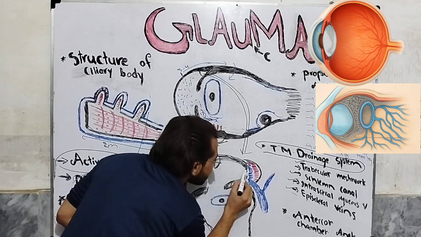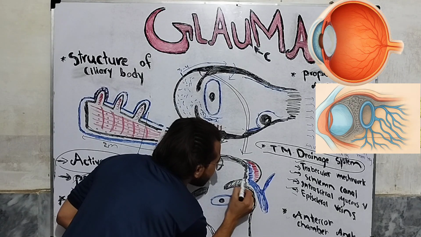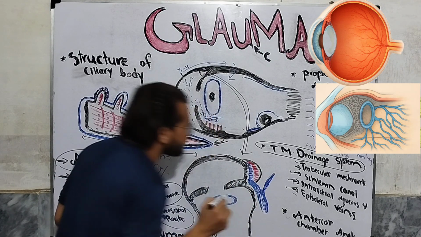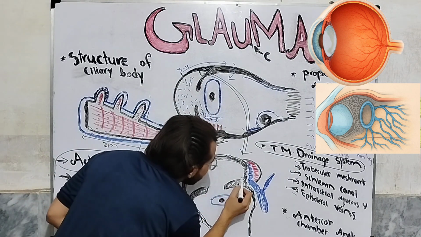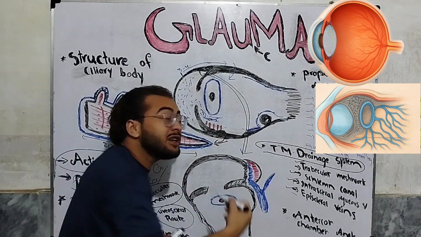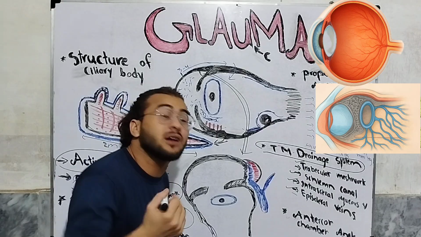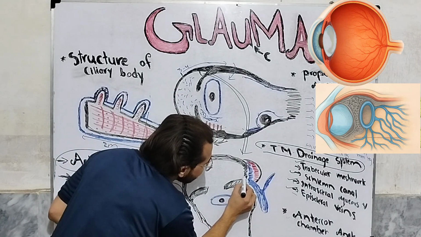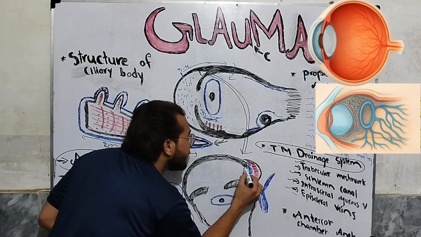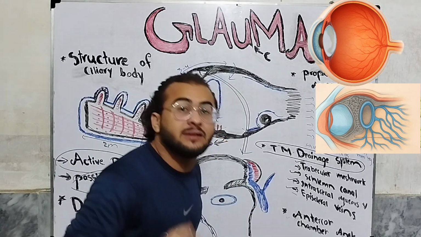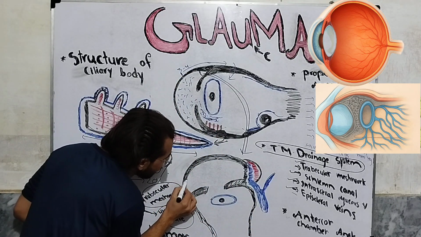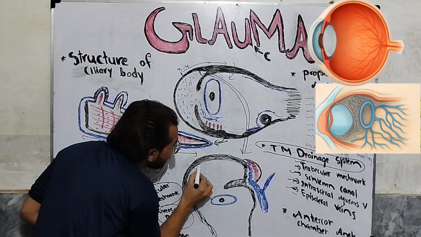The first part, the black one, is called the uveal part, as it starts from the anterior part of the ciliary body. That's why it is called the uveal part. It extends up to the Descemet membrane.